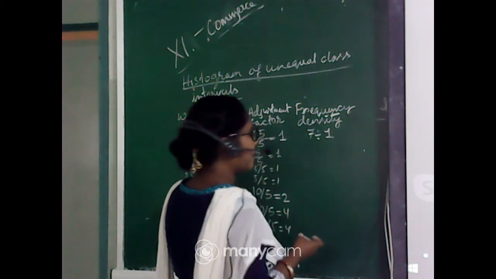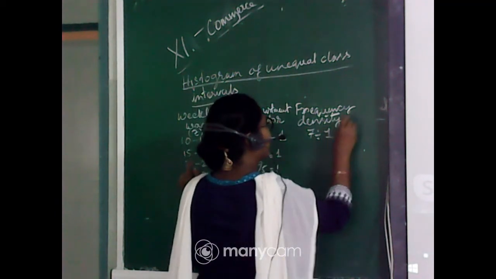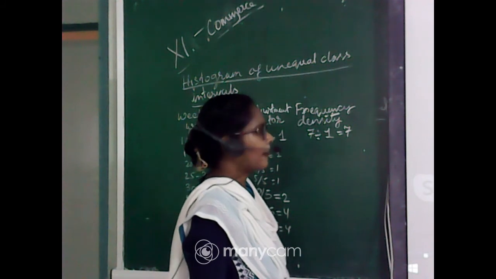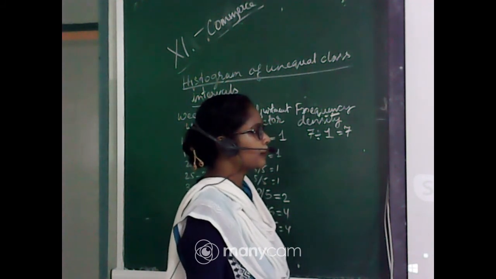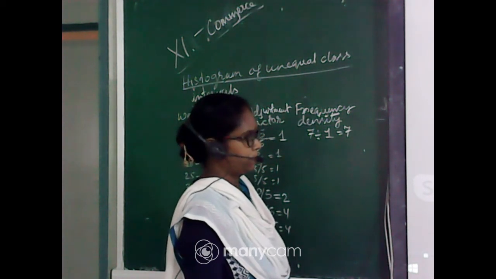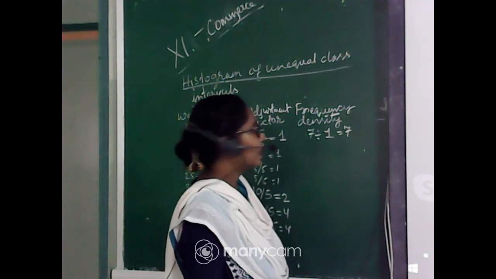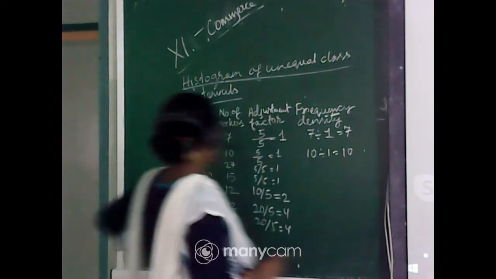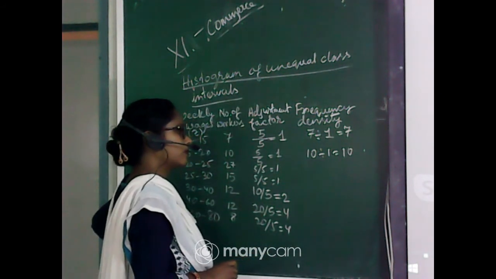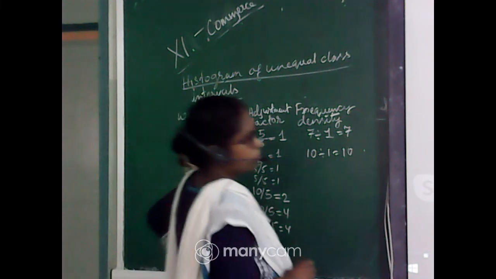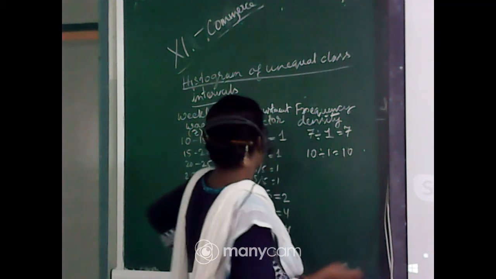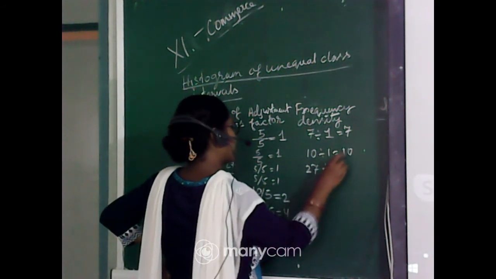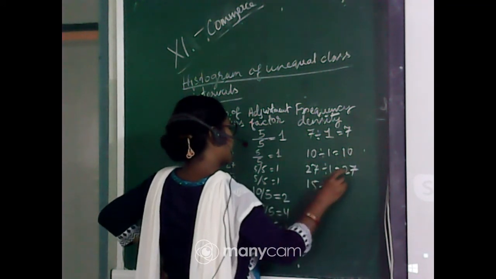Frequency here is 7, 7 divided by 1 is 7. Next, 10 divided by 1 is 10. Then 27 divided by 1 is 27. Next, 15 divided by 1 is 15.